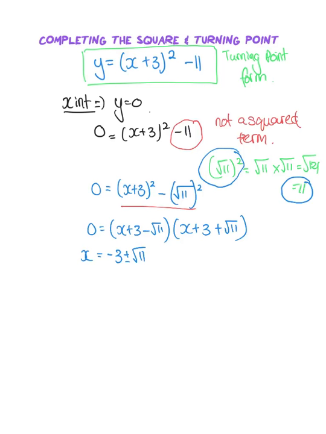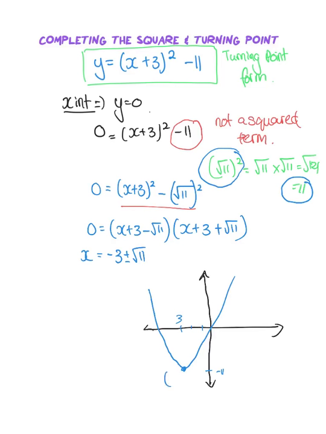If you're thinking of the graph of this quadratic, we saw before that it moved to the left 3 spaces and down to -11. So that was my turning point, -3, -11. Now we've got these two x-intercepts.